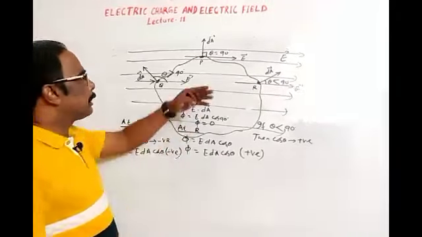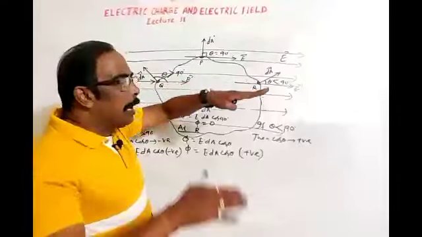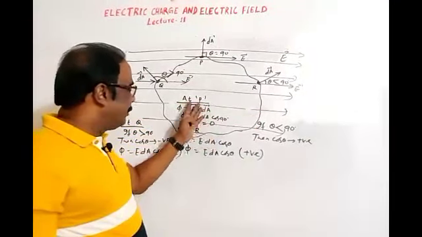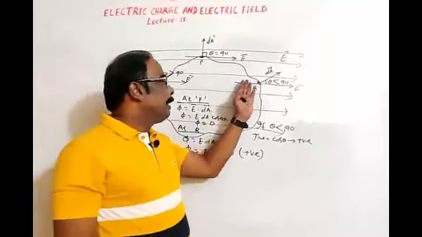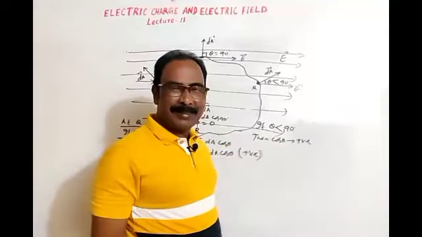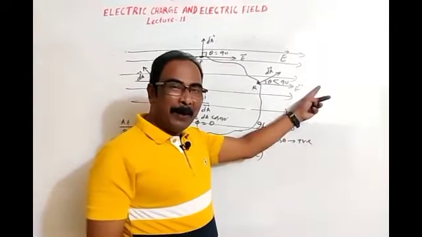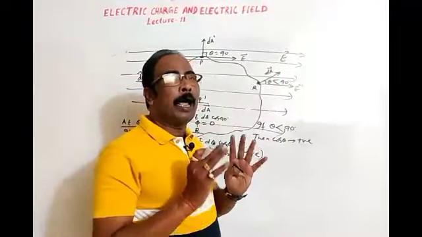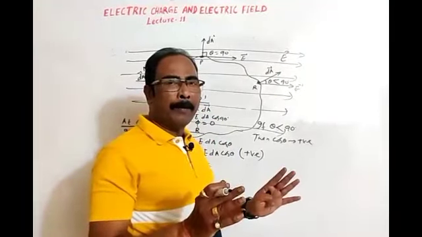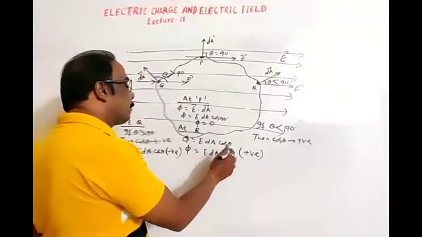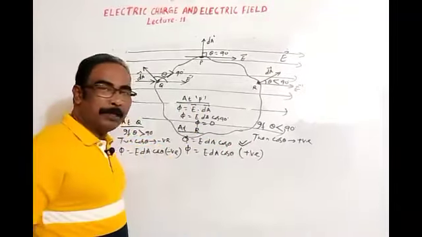See students, here electric field is parallel to the plane of surface. Theta is 90 degree, flux is 0. Here electric field appears to be outward from the surface. So if electric field appears to be outward from the surface, then flux linked with the surface is positive.